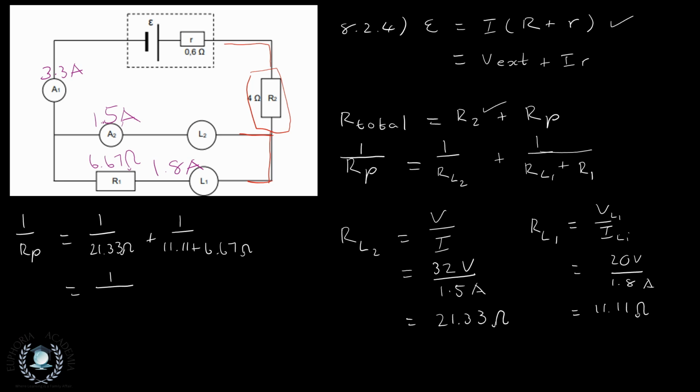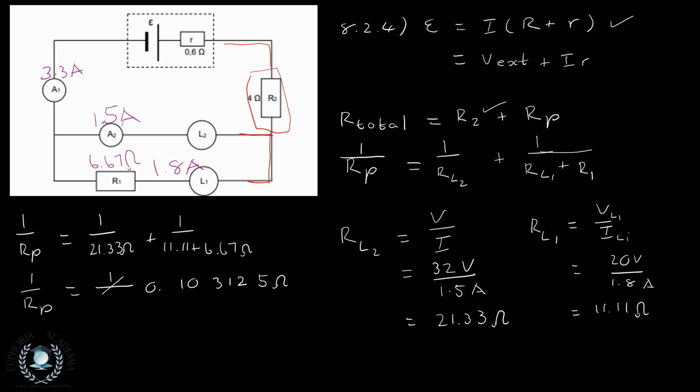That will give us a value of, well, in the calculator it just types it out as 0.1032 ohms. That is equal to our 1 over Rp.